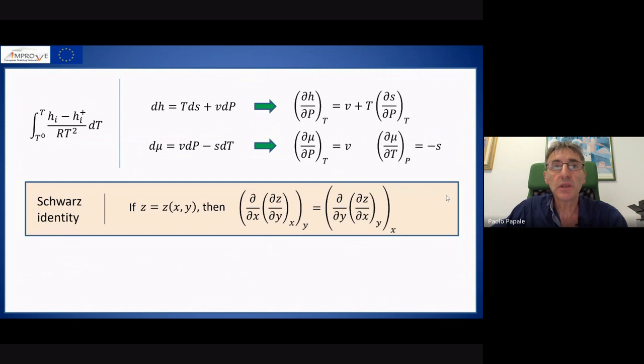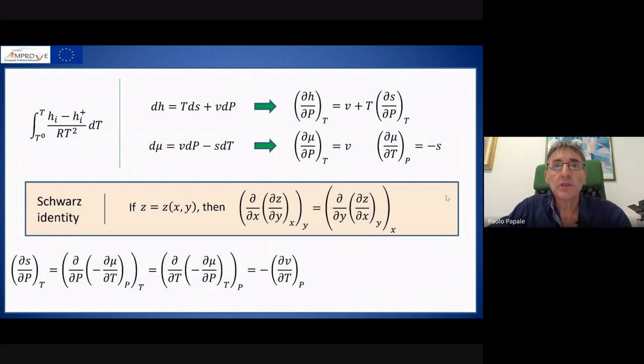In a nutshell, it says that for a function z differentiated in x and y, the order of variables in the partial differentiation does not count. We can differentiate z in y at constant x, take the result and differentiate it in x at constant y, or do all the reverse, and the result is the same.